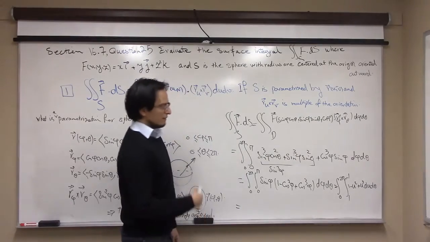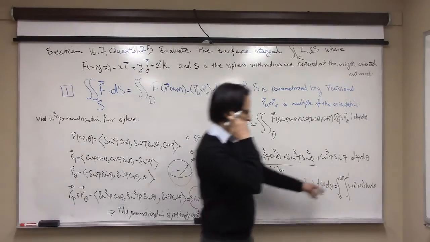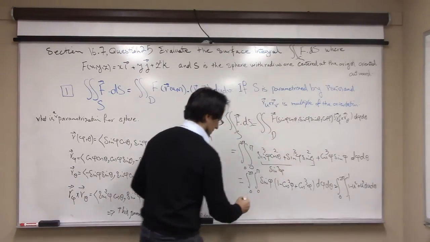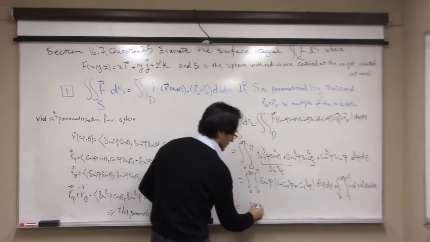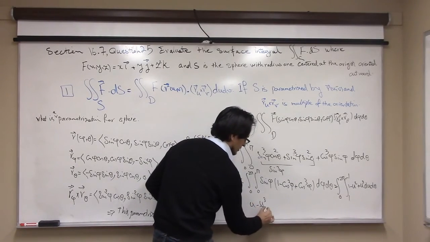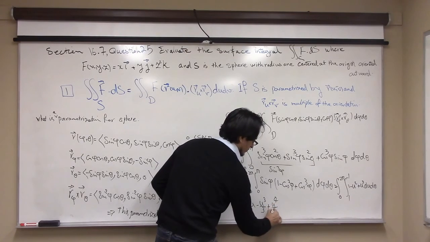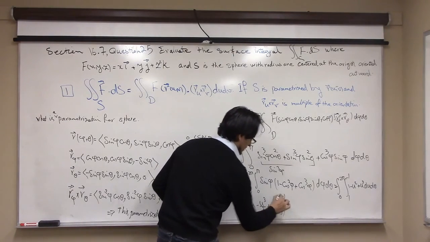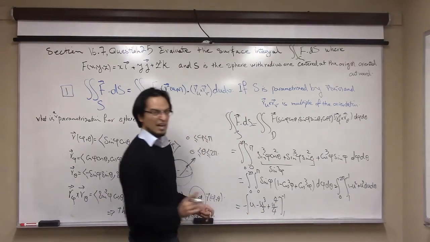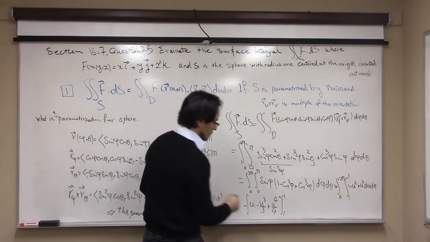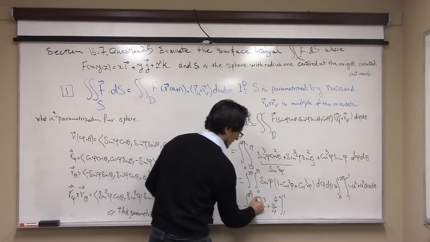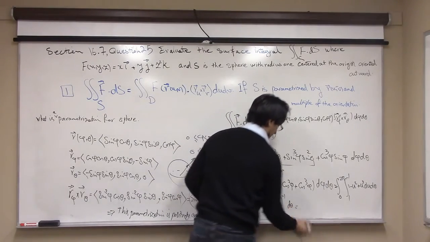Now I can find the antiderivative of that. The antiderivative gives me u minus u cubed over 3 plus u to the fourth over 4, going from 1 to negative 1. I have a negative sign that I kept outside, with theta from 0 to 2 pi, d theta.